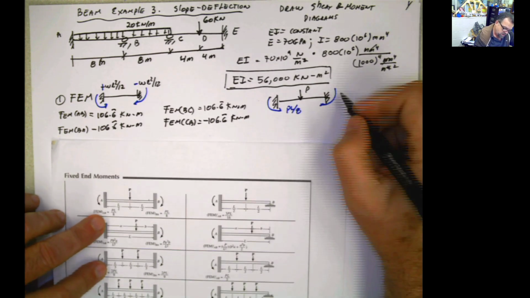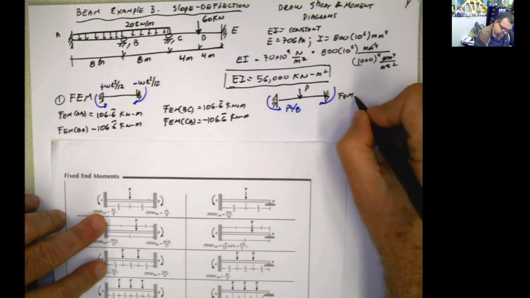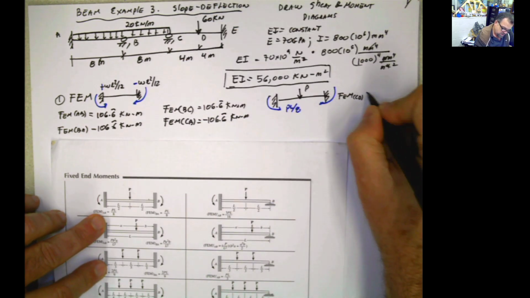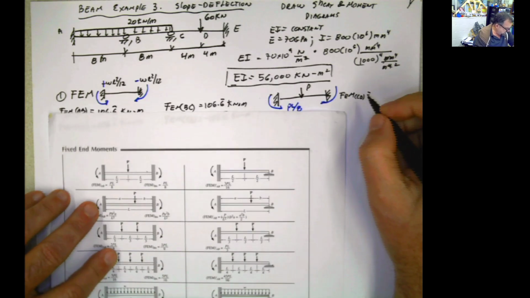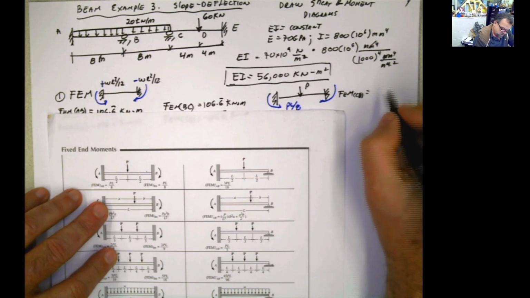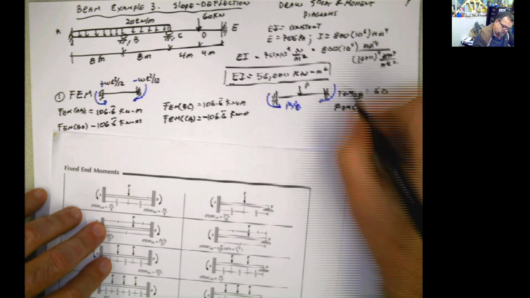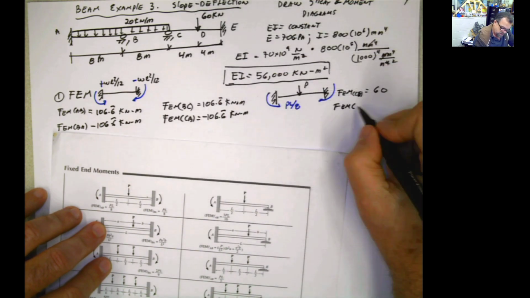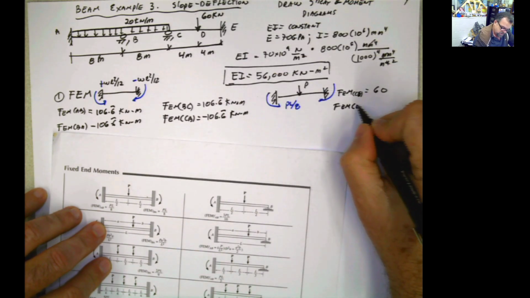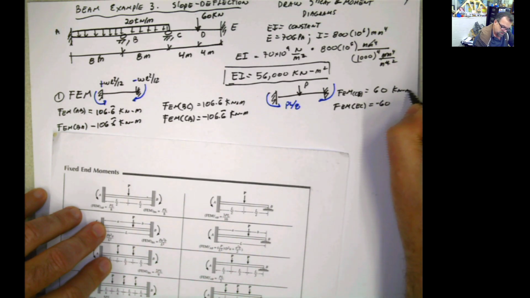So we can calculate FEM for CE, I'm sorry, not CD, is going to be equal to 60, and the FEM for EC is going to be equal to negative 60 kilonewton meter.